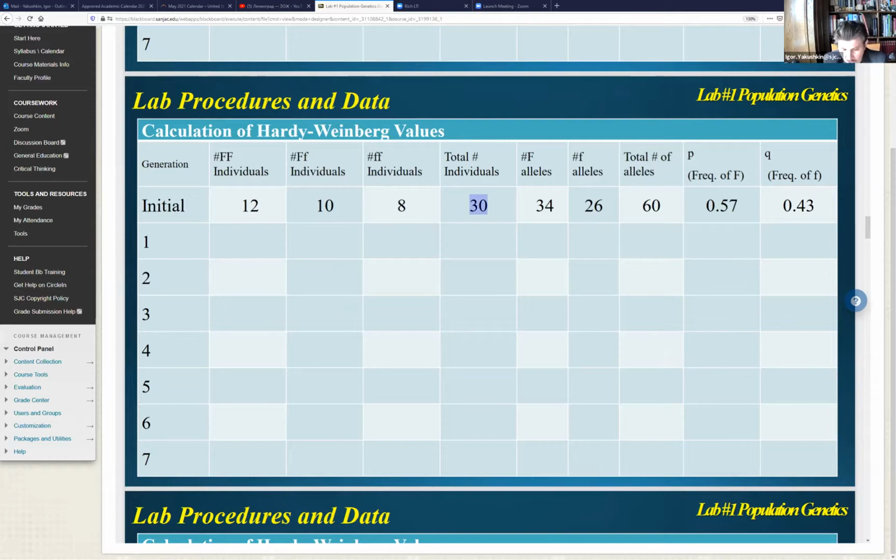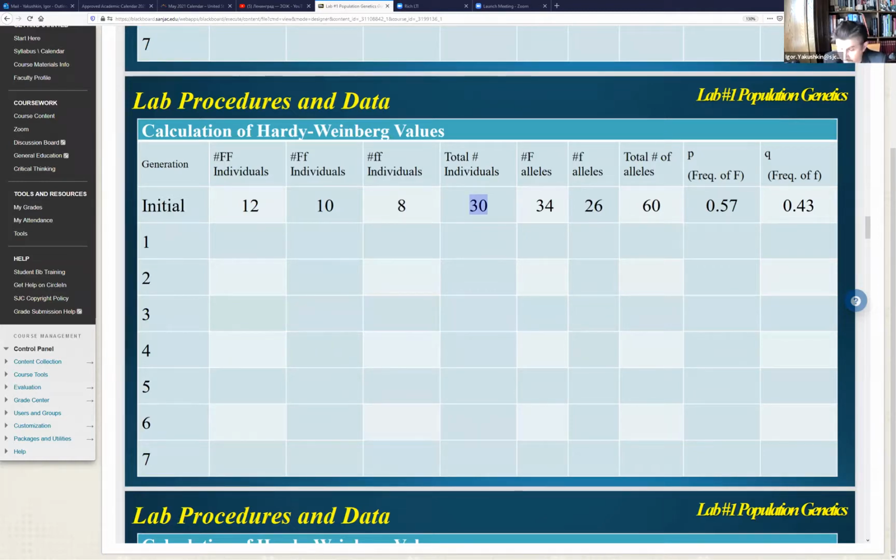Same thing we'll do for Q. Q will be equal to the total number of lowercase f alleles over the total number of alleles.